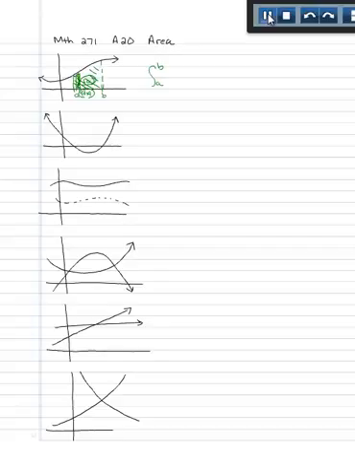So to find the area under a curve, from the curve down to the x-axis, we simply do the definite integral of the function height, which is f of x, dx.